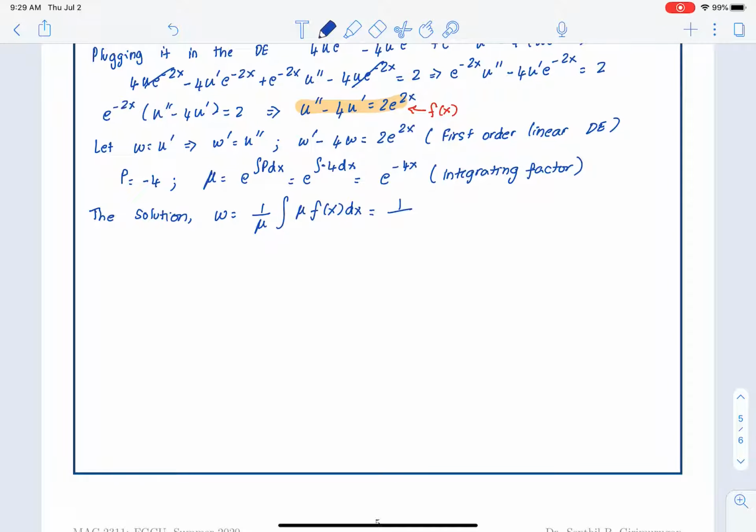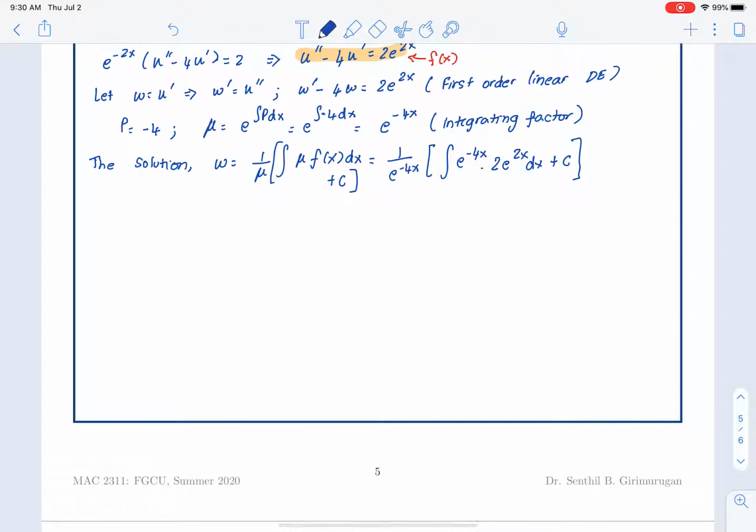So 1 over e raised negative 4x. Oh, there is a constant here, don't forget that. Integral e raised negative 4x multiplied by 2 e raised 2x dx plus c. So w would equal e raised 4x multiplied by the integral of 2 e raised negative 2x dx plus c times e raised positive 4x.